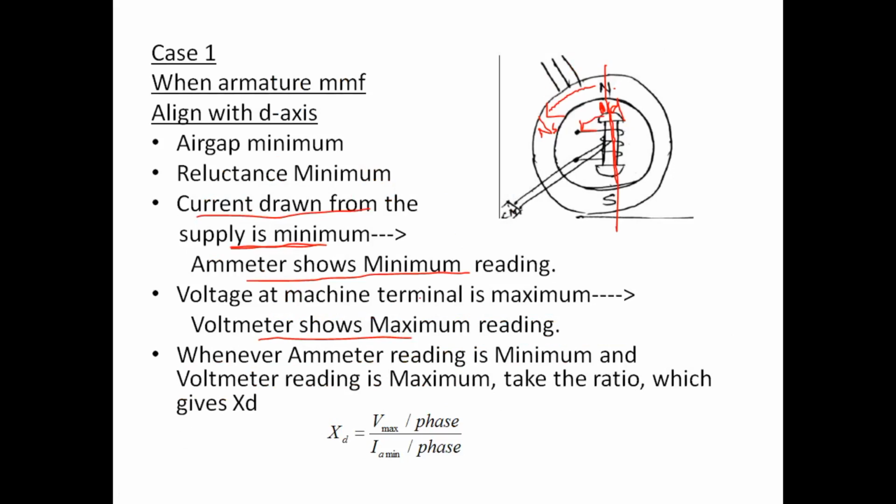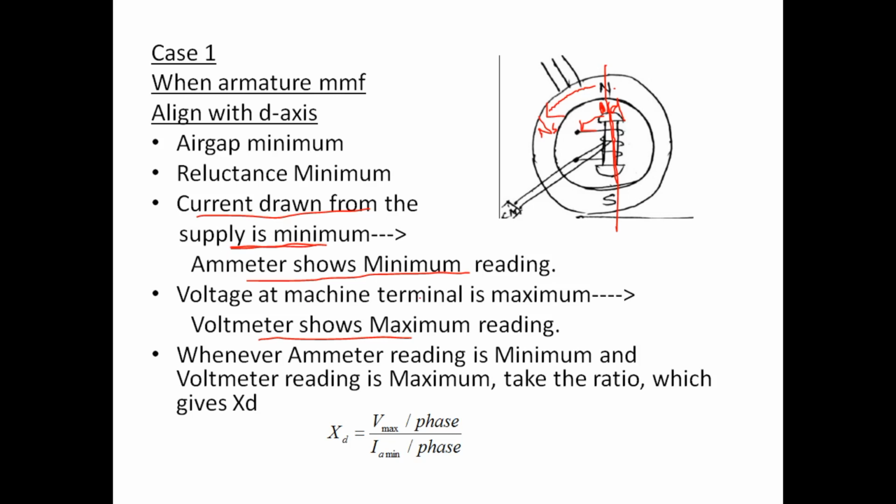So what is the conclusion from this? We are conducting a test with the arrangements we discussed earlier. We give a reduced voltage to the stator terminals, the rotor field circuit is open circuited, and it is rotated with a speed less than Ns.